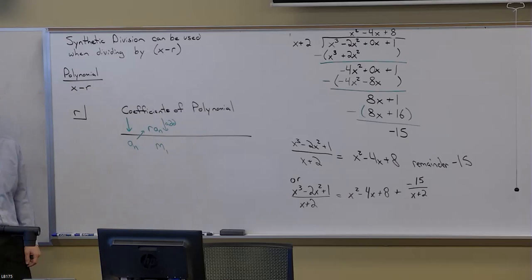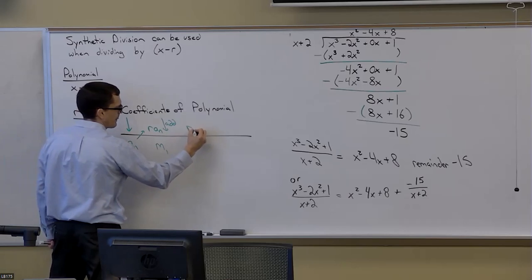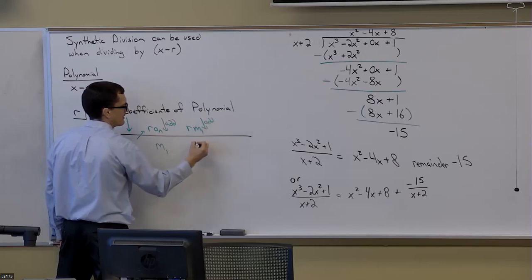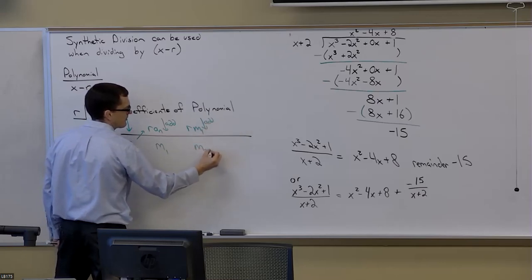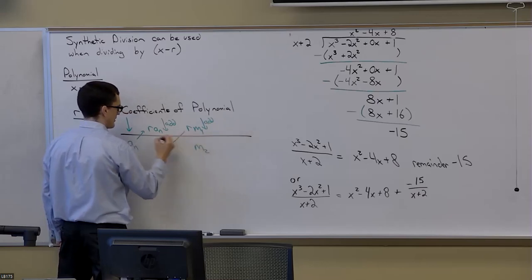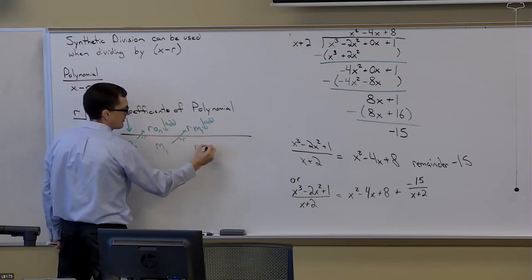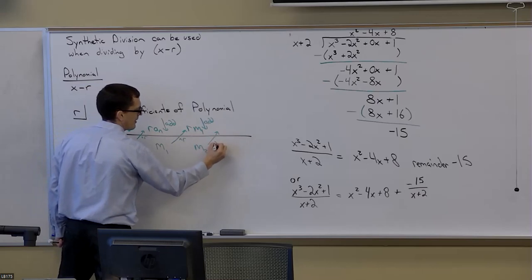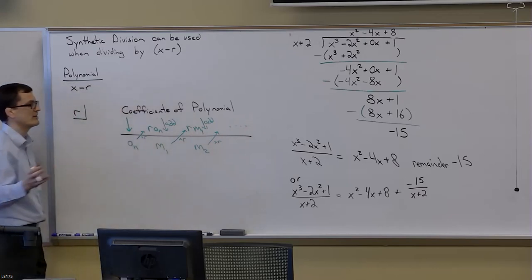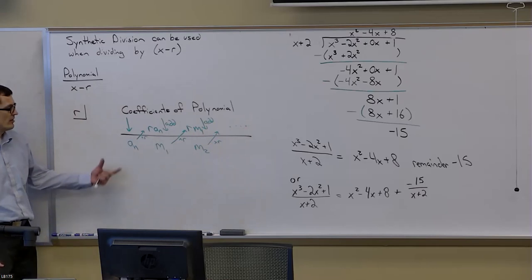And then you just keep doing that over and over again. r times this one, then you add, and you get some M2. Every time you multiply by r, and you do this process all the way until you get rid of your polynomial.